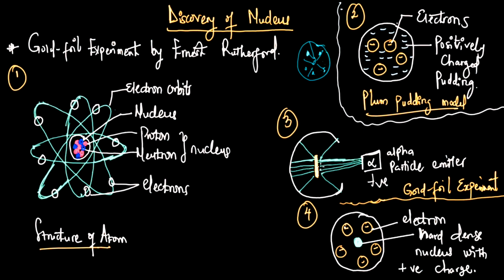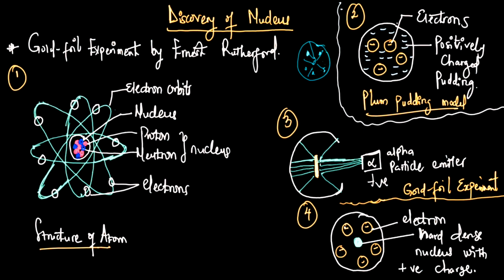When we look at the experiment thoroughly, alpha particles were shot through a thin gold foil, and most of the alpha particles passed straight through. This almost brought the conclusion that atoms are composed of empty space.